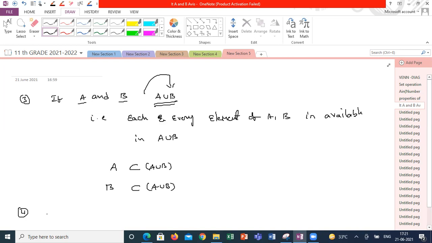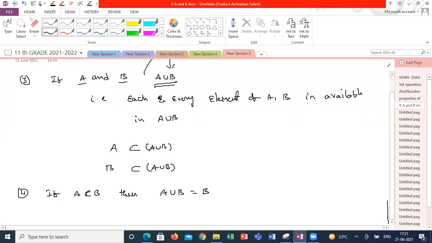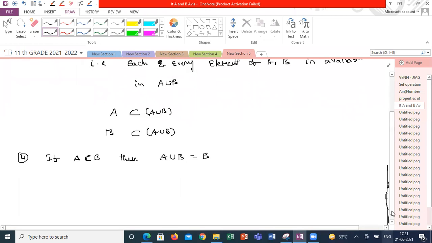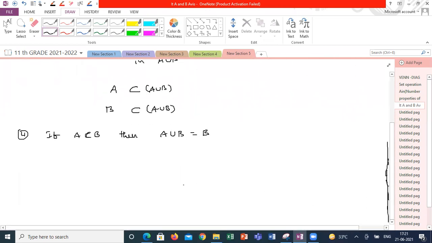Fourth one. If A is a subset of B, then A union B is nothing but B only. What is meant by the fourth statement? Anyone can explain? Sir, if A is a subset of B, that means each and every element of A is available in B, and if I am uniting A and B, B already contains all the elements of A. So the union of these two sets is nothing but B only.